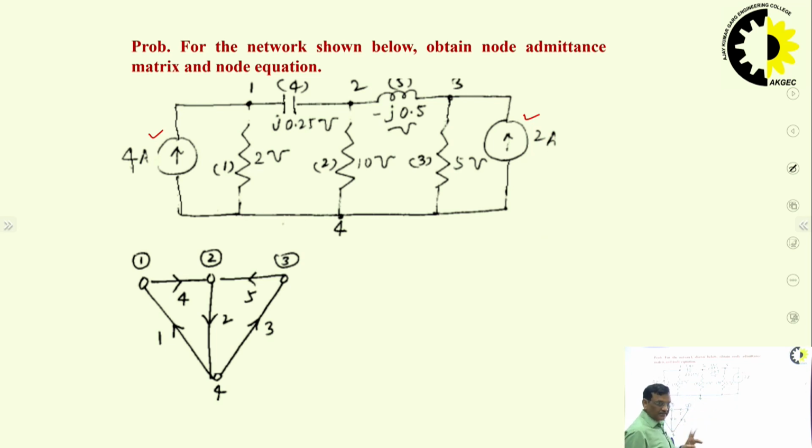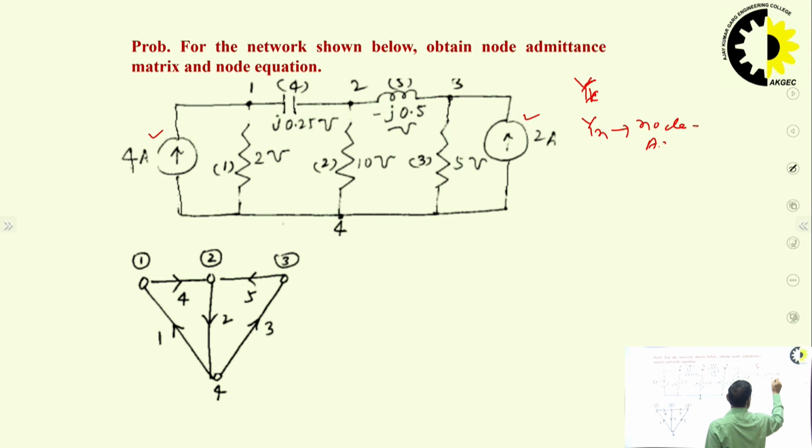The second step, because you are going for node admittance: node admittance means YN. YN is A YB A transpose.